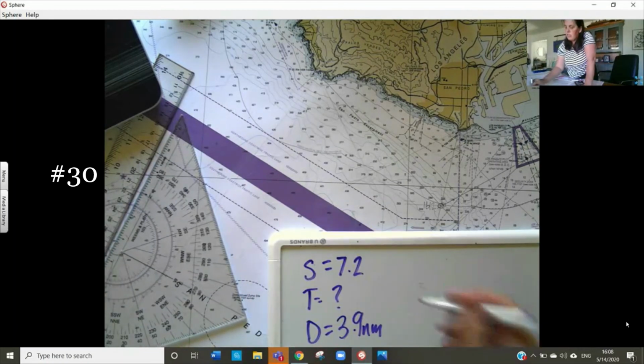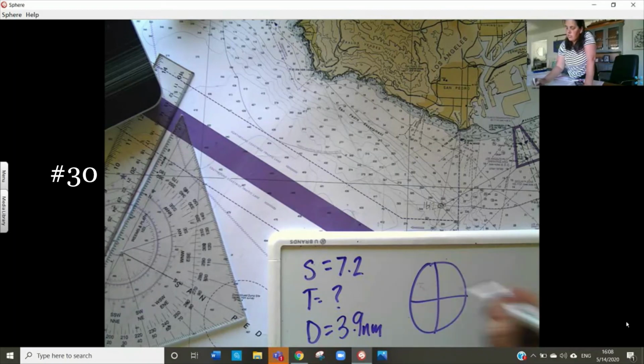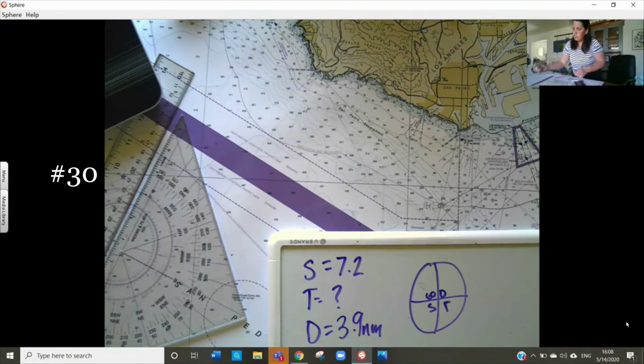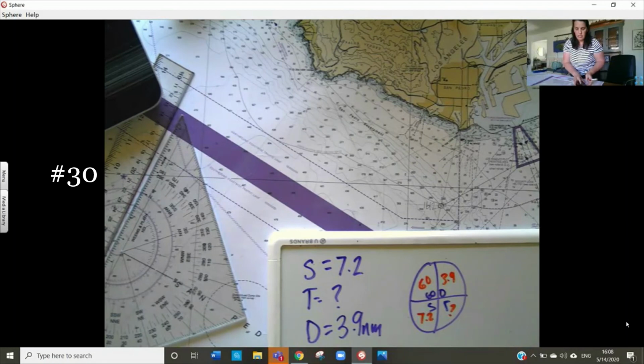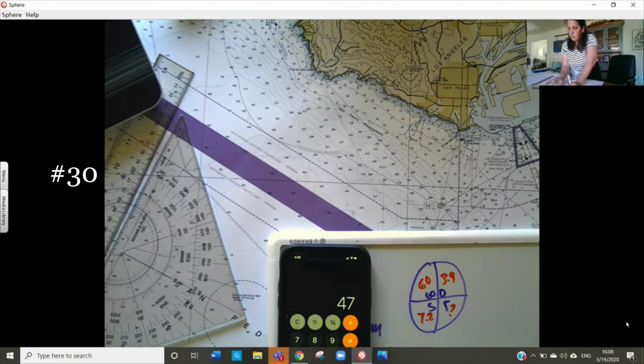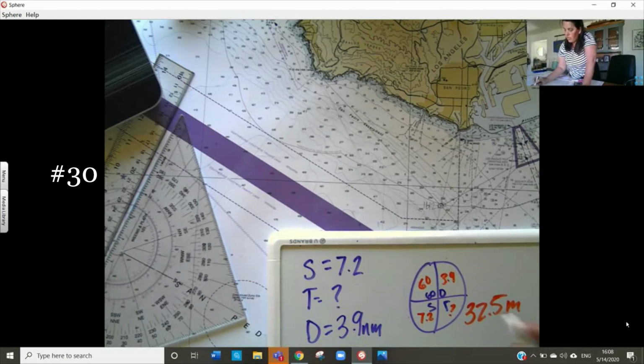Just for simplicity here, we'll do the 60 D Street magic circle. So we have 60 times 3.9 divided by 7.2 gives me 32.5 minutes. So we'll just call that 33.